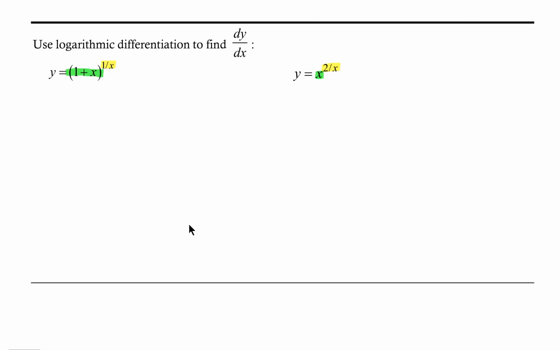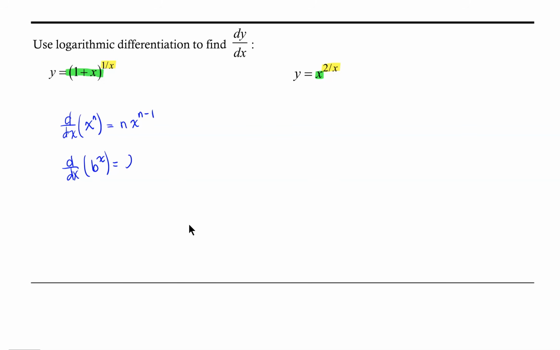We have a rule that helps us deal with the variable being in the base, and that's the power rule. And so we would have n times x to the n minus 1. We have a rule that allows us to deal with the variable in the exponent.